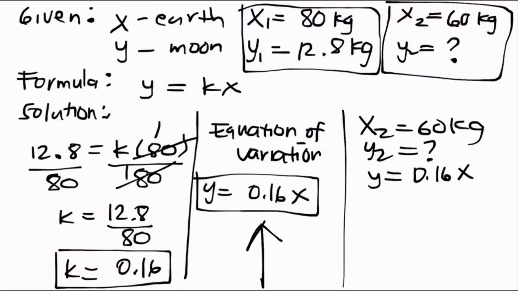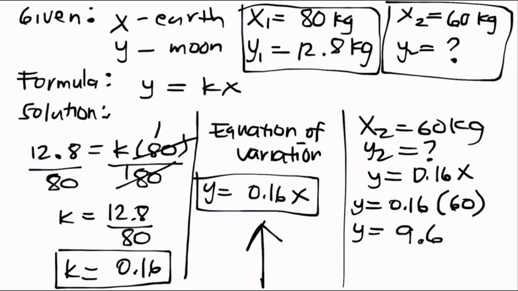So we will now solve. y is equivalent to 0.16 multiplied by 60 kilograms. Using your calculator, 0.16 multiplied by 60. Therefore, our answer is 9.6. And writing the unit, our final answer is 9.6 kilograms.